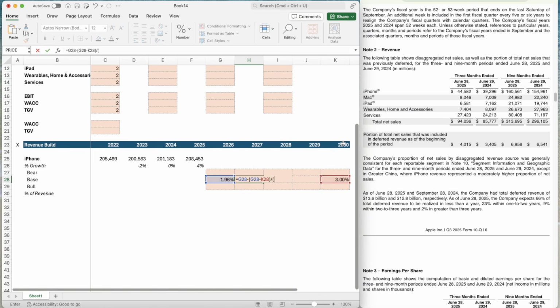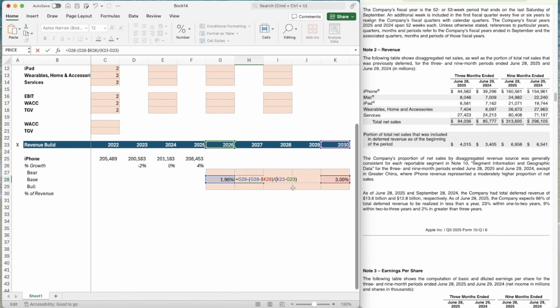open brackets, the final year, so it says 2030, minus the previous year. Now, close brackets. What we want to do now is copy and paste this, so we need to make sure that it dynamically adjusts to where we need it to. We don't need to do anything with this one. For this one, we want to lock in the column, but not the row.